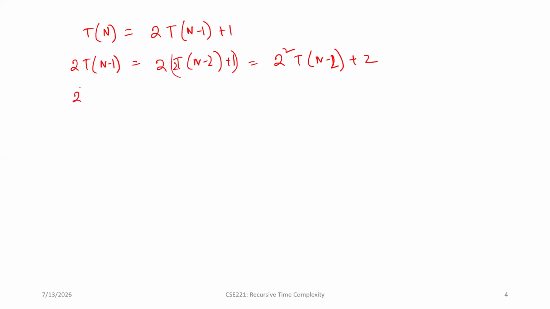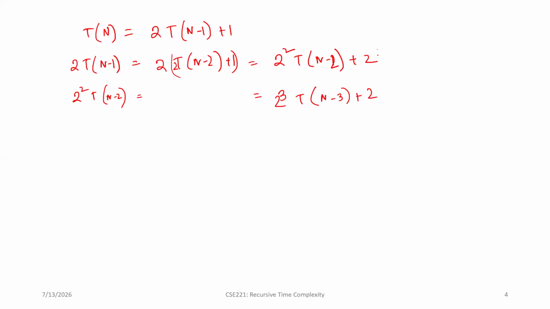And then 2 squared T of n minus 2 is, I'll not write the breakdown again, 2 cubed T of n minus 3 plus 2 squared.